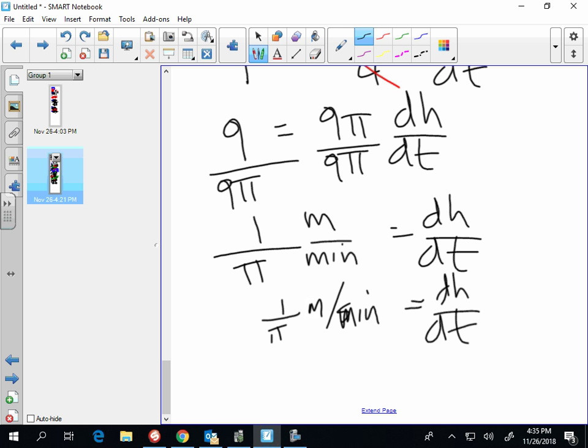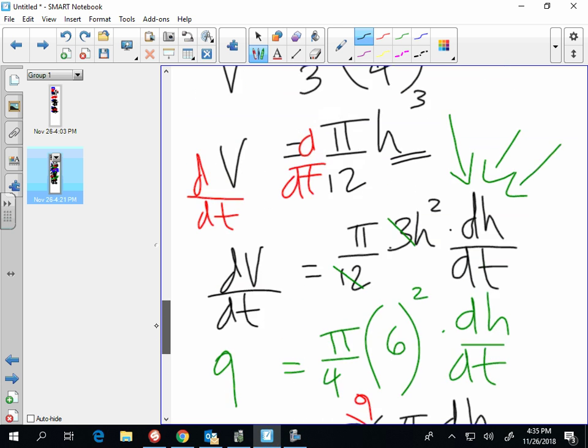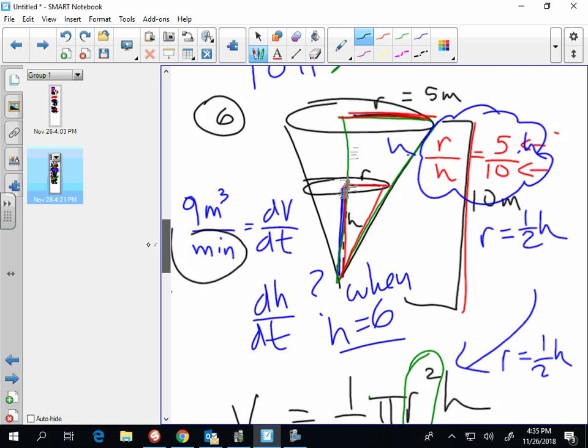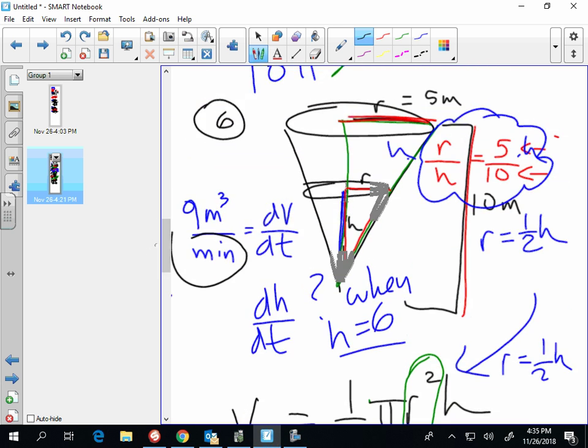Okay, again, what did we do here? We started by naming things calculously. They told me the water was being pumped in at 10 meters cubed per minute. So I knew that was a change in volume with respect to time, therefore dV/dt. And they said, how fast is the water level rising?